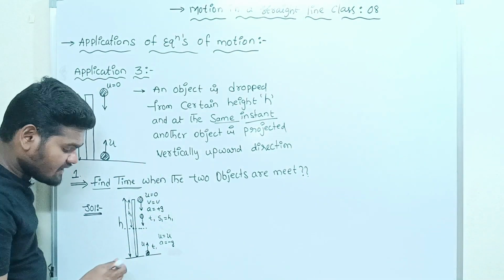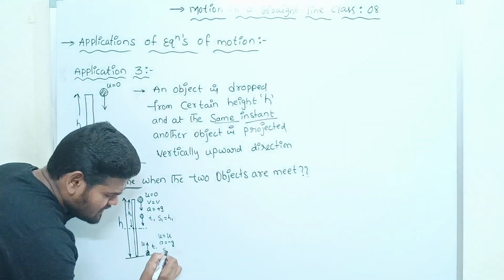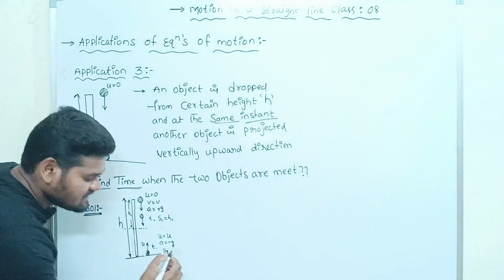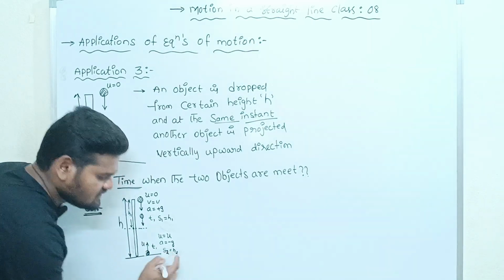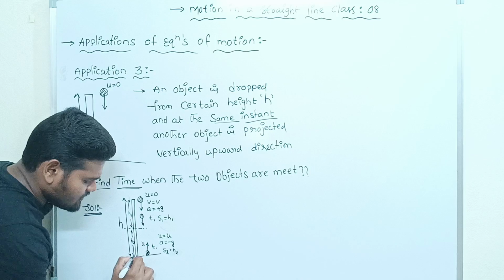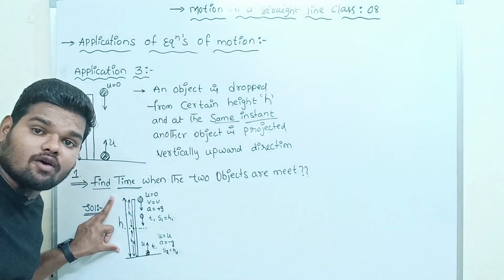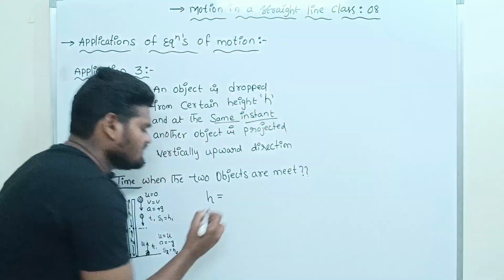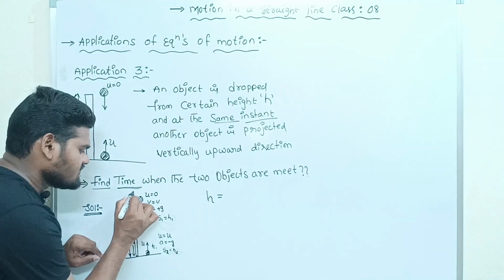In a particular instant of time t, let s2 be the distance covered by the object, that is h2, the distance covered by the upward projected body. So the total height is H, and this is equal to the distance covered by the first object. Let us say this is the first object.